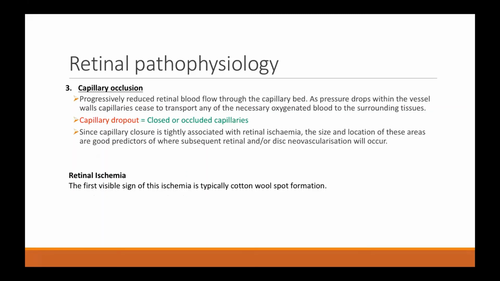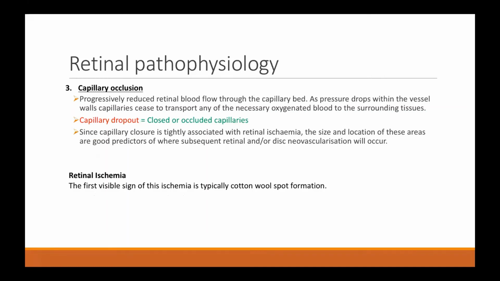The above factors eventually lead to progressively reduced retinal blood flow through the capillaries. As the pressure drops due to the breakdown of the barrier, the capillaries cease to transport the necessary oxygenated blood to the surrounding tissue.